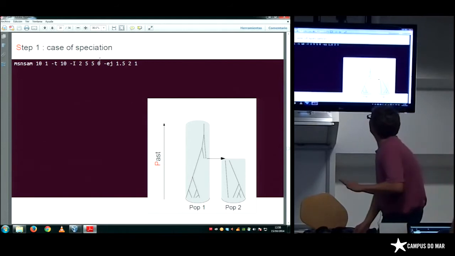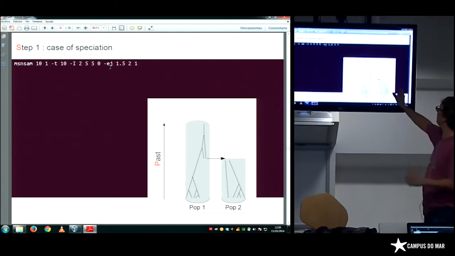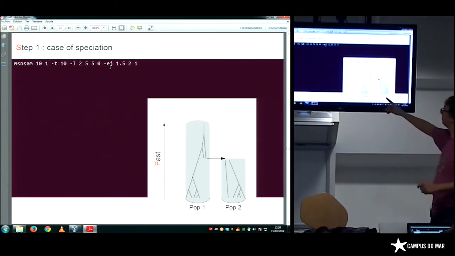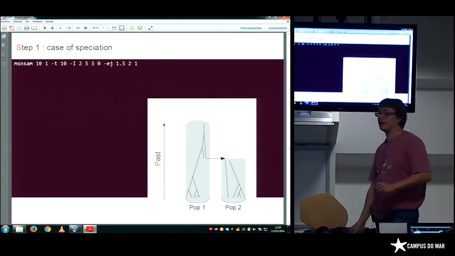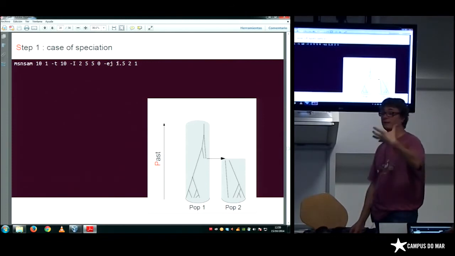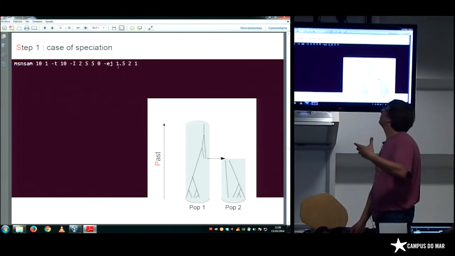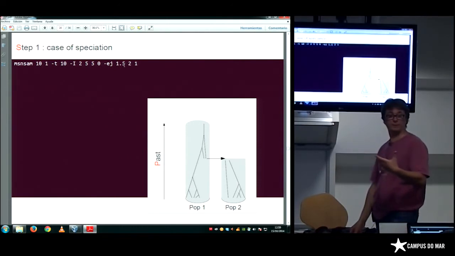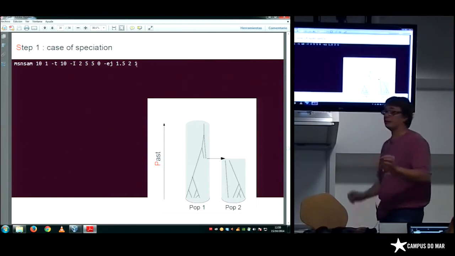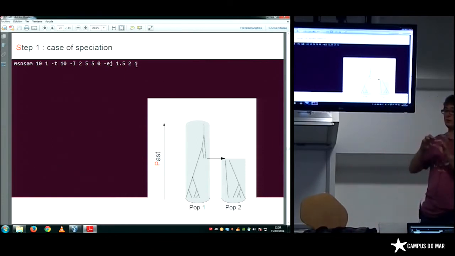And here, this argument, Ej, is the time of split of the ancestral population in N generations. So tau, the divergence time, here it's 1.5. Okay? And 2 and 1 is the direction of the split.